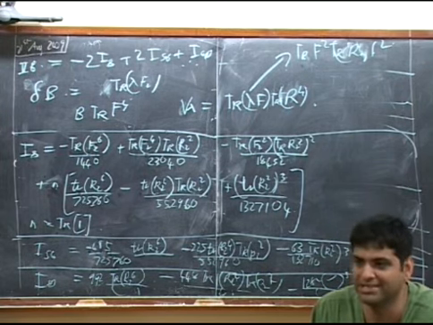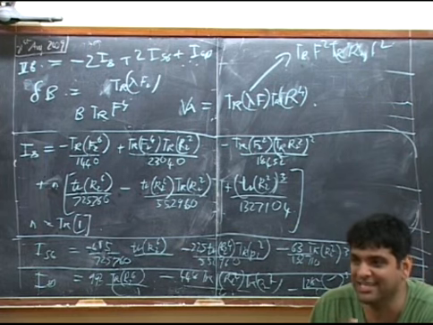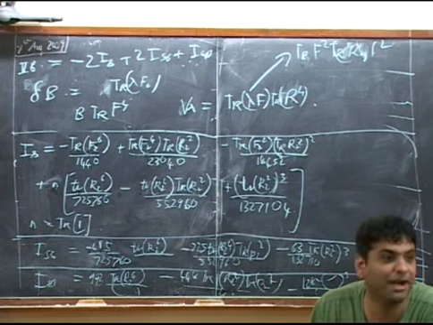Now, if you remember our BRST analysis, our analysis for the decoupling of states that were BRST trivial, in order to show that they did not couple to other operators, we had to use the fact that something was a total derivative on moduli space, integrated.